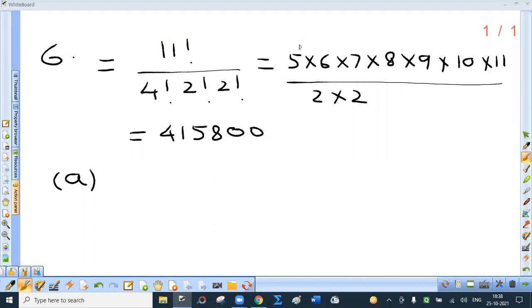Therefore, number of arrangements equal to 8 factorial upon 4 factorial.